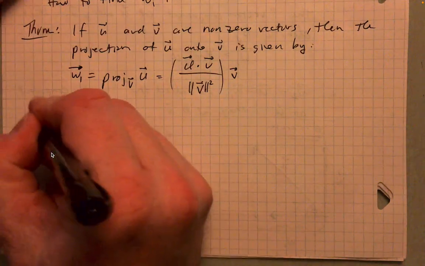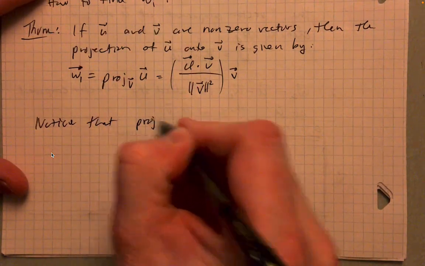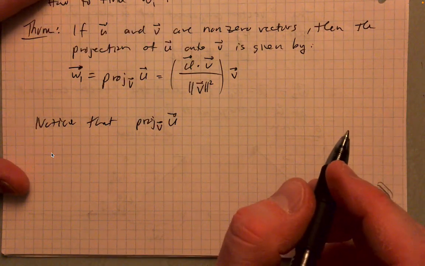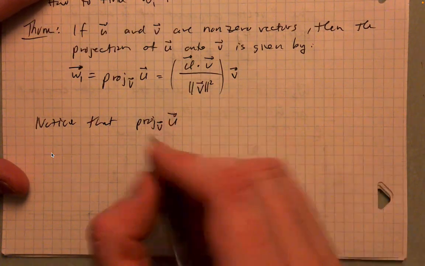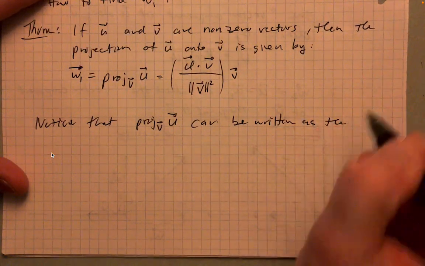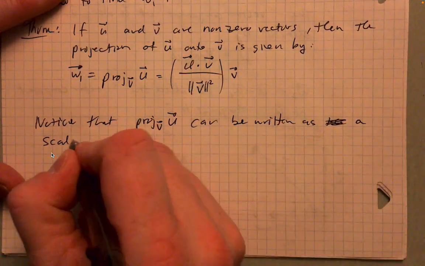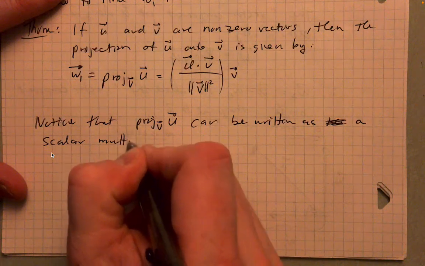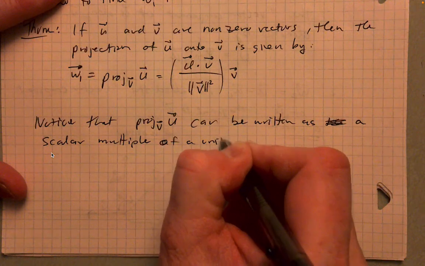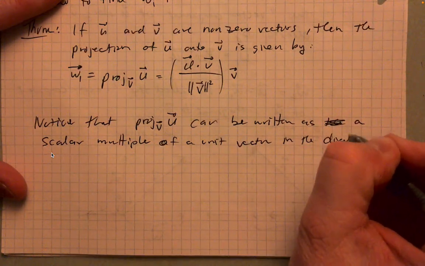Okay, so notice that the projection of U onto V can be written as a scalar multiple of a unit vector in the direction of V. Right?